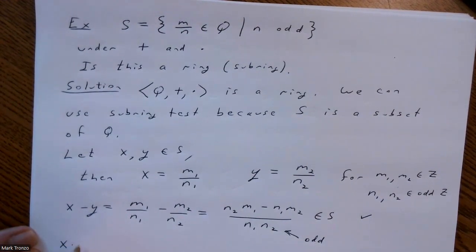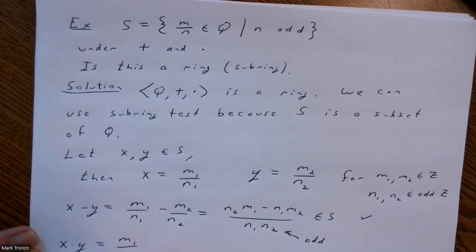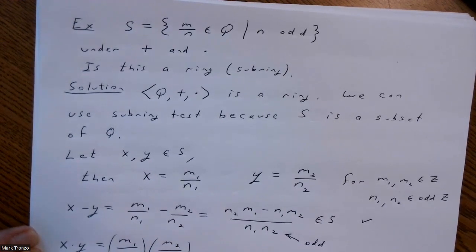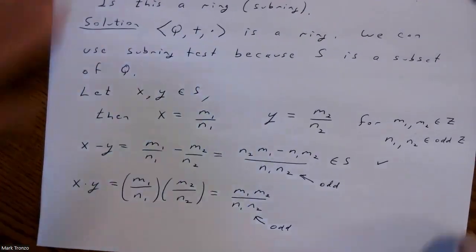Then if we do the next test, once again the denominator is going to be odd, and the numerator is going to be an integer.